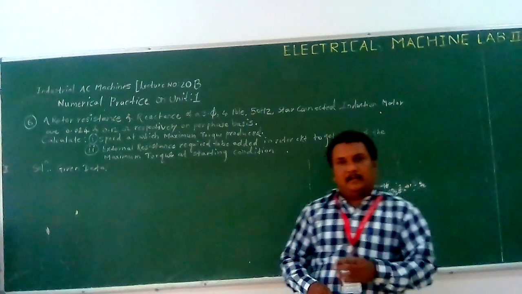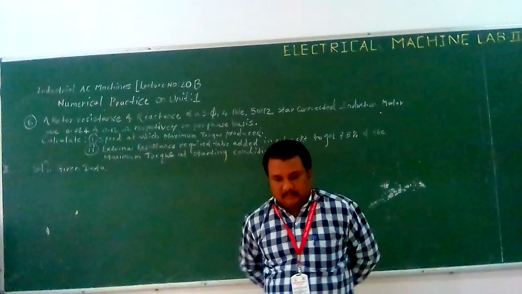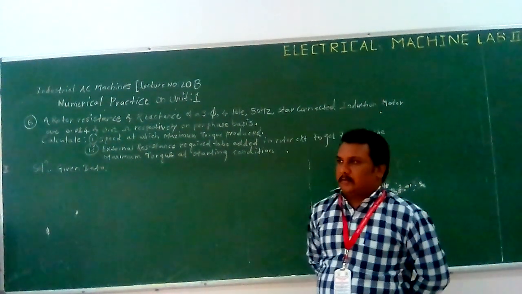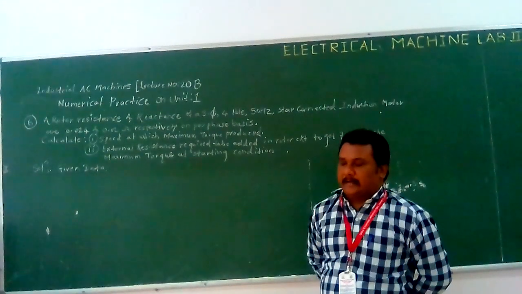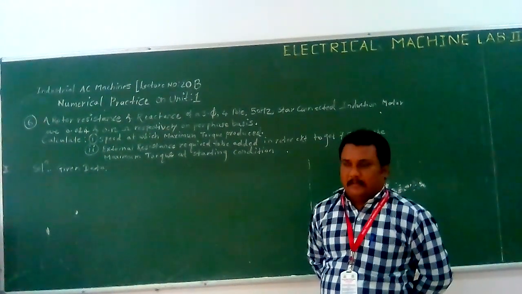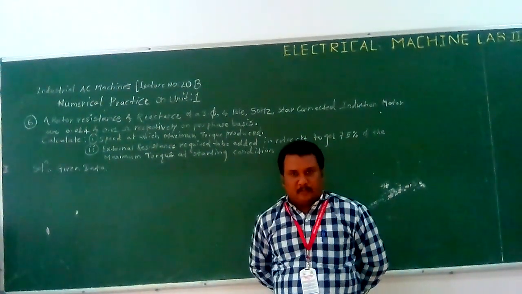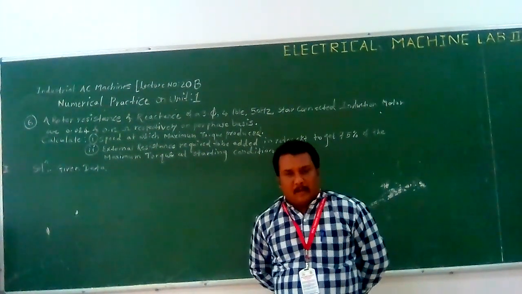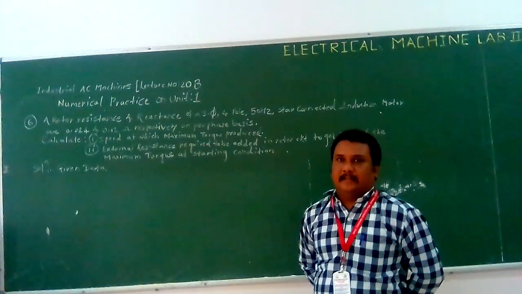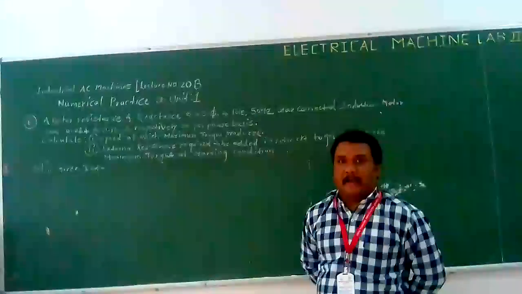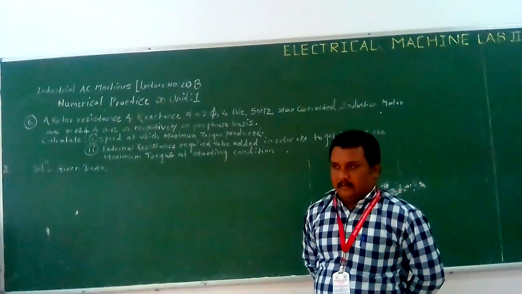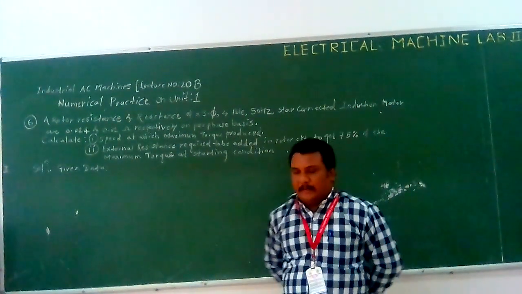Now going to the sixth numerical. It is slightly different from the previous one, but it is also related to the slip ring induction motor, because we have to calculate the additional resistance in the rotor circuit and its value. So directly we start the numerical.